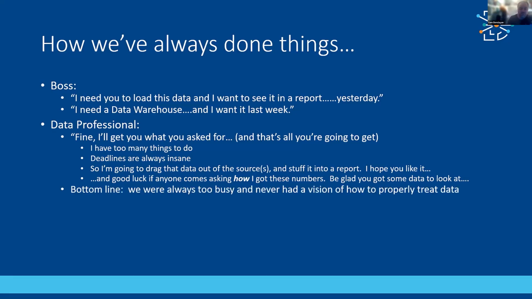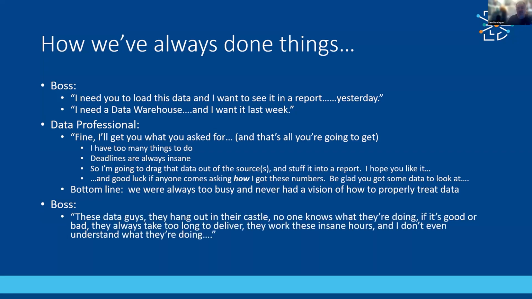So we're always too busy, never had a vision of how to properly do this. And then this last part is interesting. The boss, I've heard many bosses say this. They'll go back to their desks after a long day and have a couple shots of scotch. And they'll say, these data guys, I don't get them. They just sit there in their little castle. They work horrendous hours. Nobody knows what they're doing. When I ask them to deliver something, it always takes too long.